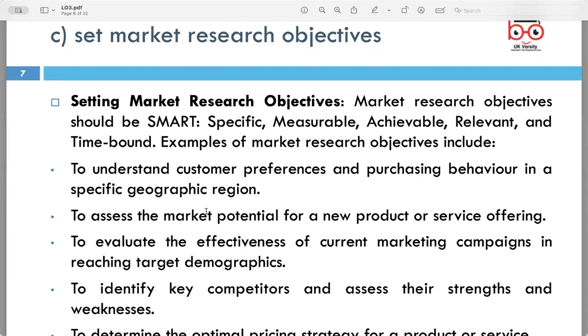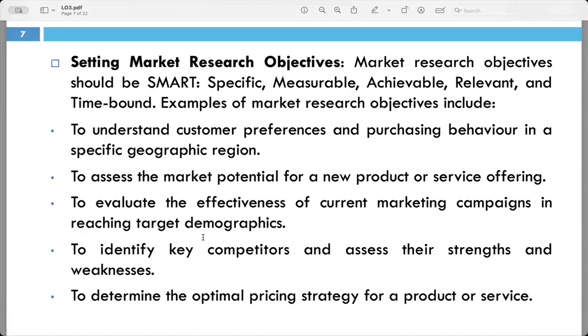For example, to understand customer preferences and purchasing behavior in a specific geographic region specifies the exact focus of the research, making it easier to design a study that addresses the particular aspect. Measurable: an objective should include criteria for measuring progress and success.